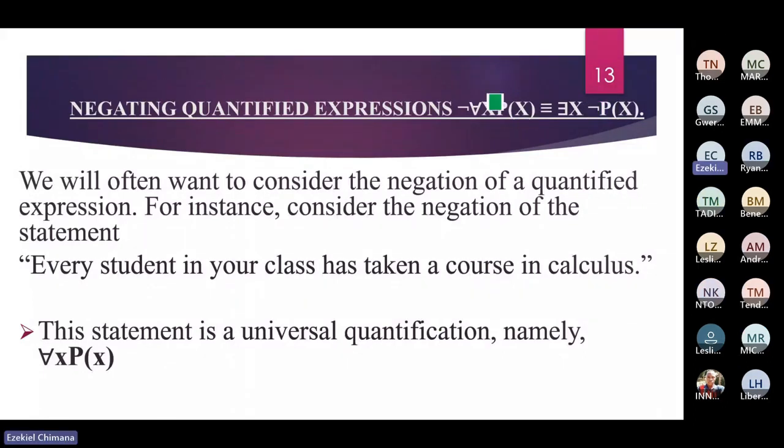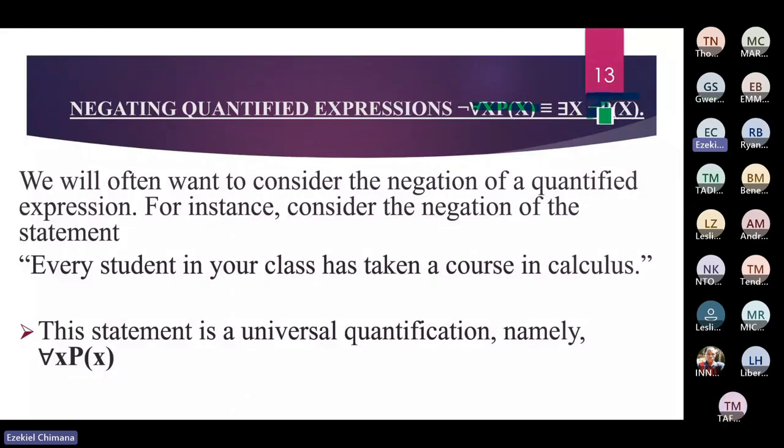Just like here, the negation of for all x, p of x, is the same as there exists x such that if you put that x in p of x, you will get false. That's why we have this flipping part, the negation. You are negating p of x, which means for all x in our domain, p of x is no longer true, because we are negating that statement.